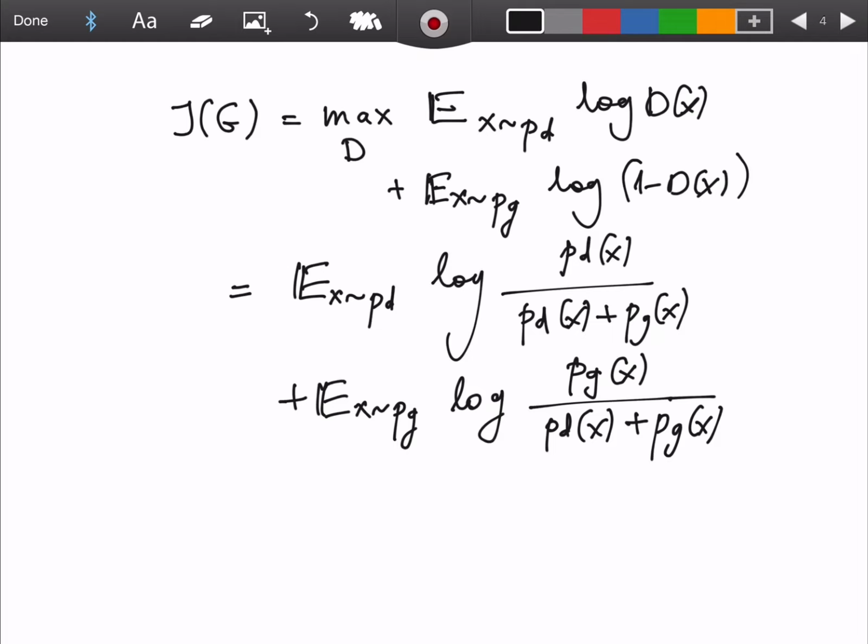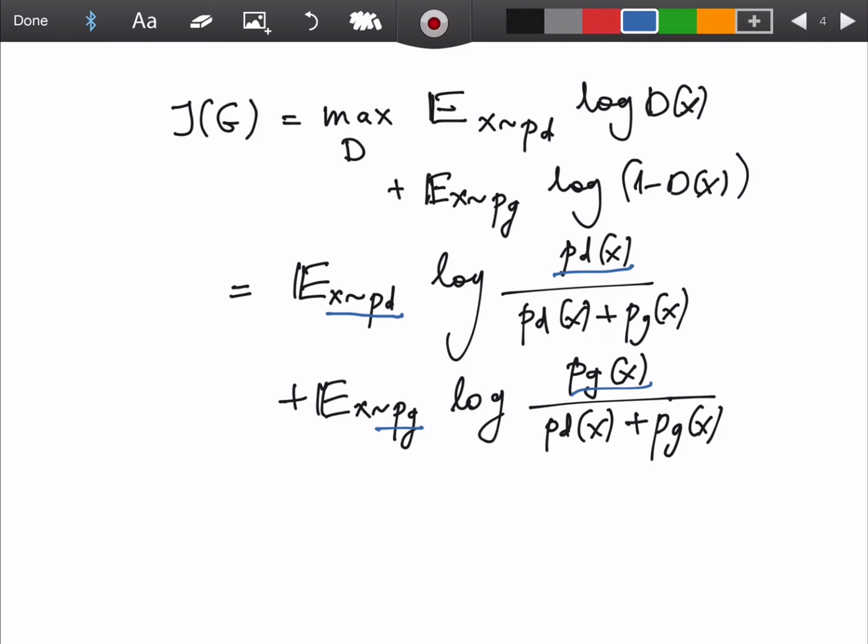So you see you have an expectation over PD of the log of a ratio, the same PD in the numerator and some other thing in the denominator. Same thing here, of course. Does it look familiar? It looks like the Kullback-Leibler divergence.